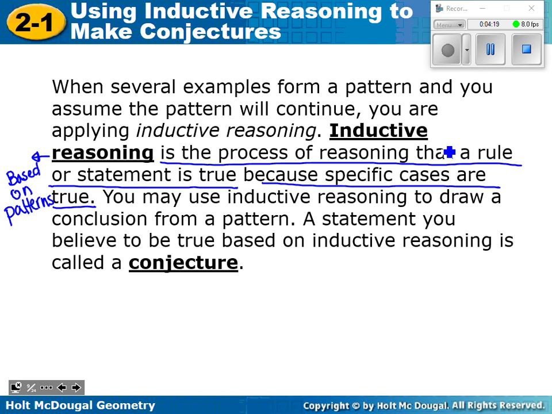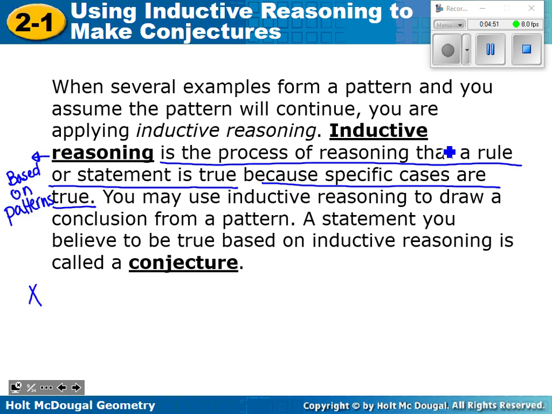So the way I can tell the difference between inductive and deductive is inductive is based on I can't make a conclusion until I've seen a pattern of events. For example, Edwin walks in wearing a white t-shirt today. Edwin walks in tomorrow wearing a white t-shirt. Edwin walks in on Thursday wearing a white t-shirt. Friday, we could conclude then Edwin's going to wear what? A white t-shirt. It's not a rule that Edwin wears a white t-shirt, but it's a pattern that we've observed, okay? So that's inductive.